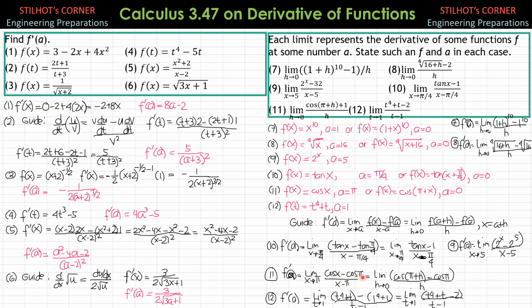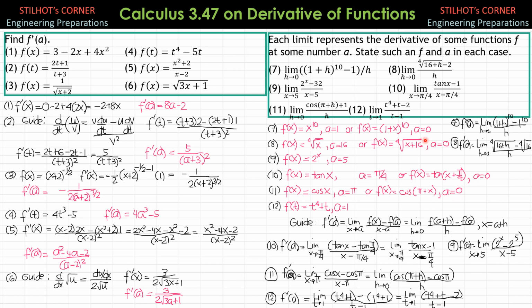Where cosine of pi is -1, minus times negative, so plus 1. That's why you have there plus 1. Or, this is the other expression, the limit as h approaches 0 of cosine of quantity pi plus h minus cosine of pi, because h approaches 0, all over h. So cosine of pi is -1, minus times negative, so positive. So this is the function cosine x, and a is pi, or f of x equals cosine quantity pi plus x, and a is 0 for that case.